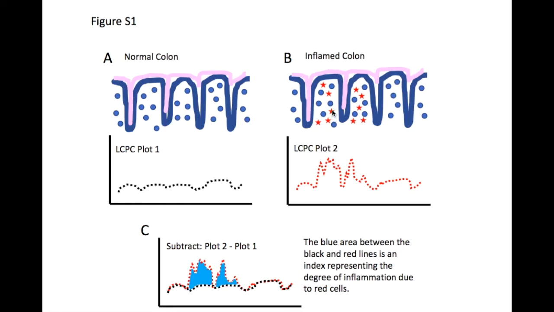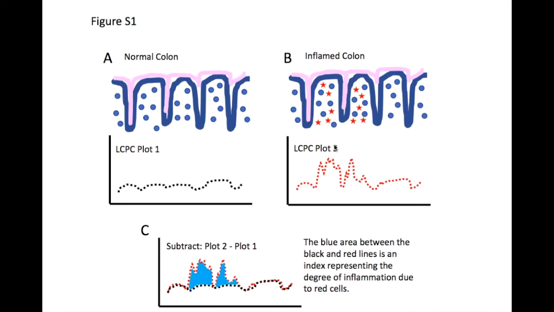The LCPC method allows us to quantify the contribution of these extra stars relative to the normal case that doesn't have that many. So this is the LCPC of the cartoon up here, and in B, this cartoon has red stars infiltrating the lining, and the LCPC captures that over that specific region too.